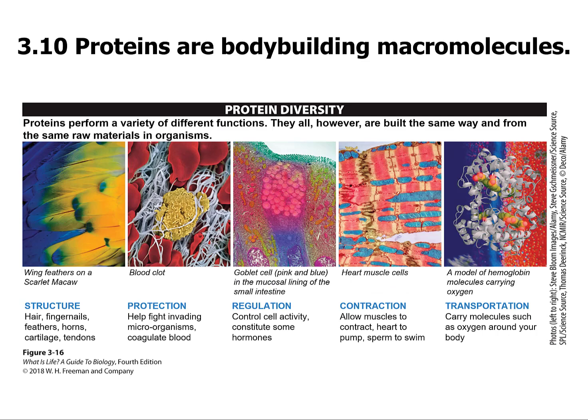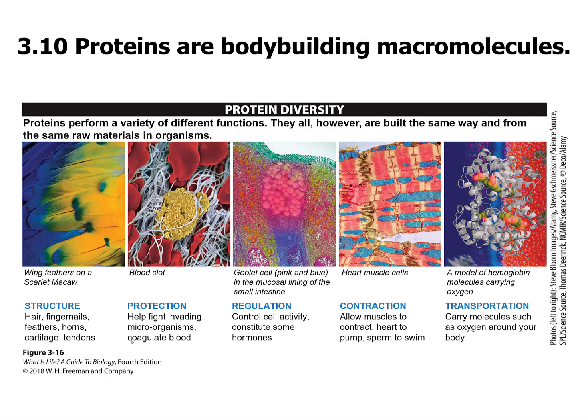And that's important, but the video talked about structure, protection, regulation, contraction, and transportation, and gave you examples. This is a good way to think about that: having the different keys on the keyboard, or the different sequence of those amino acids, dictates the structure and function of what it does.